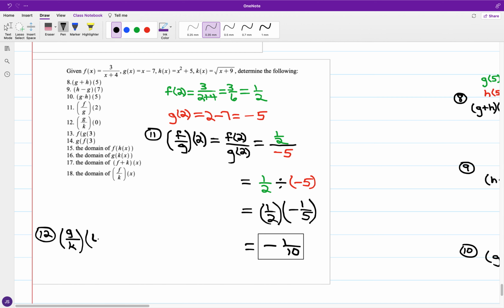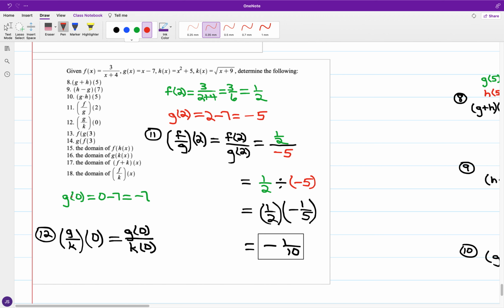So for g over k of 0, that's going to be g of 0 all over k of 0. Just looking at the values here, g of 0 is 0 minus 7, so that is negative 7.